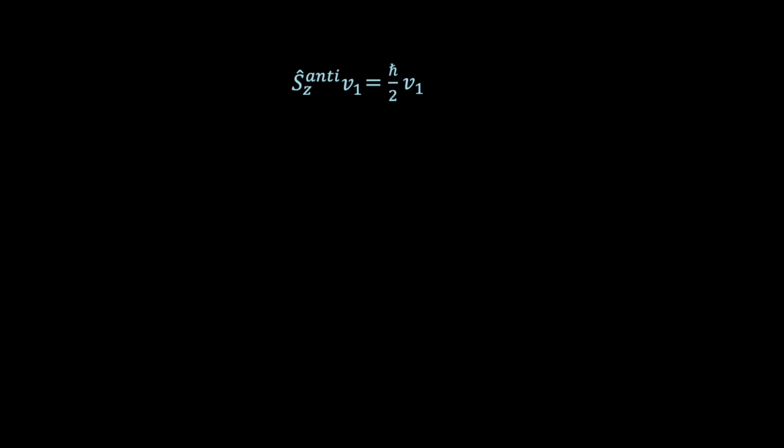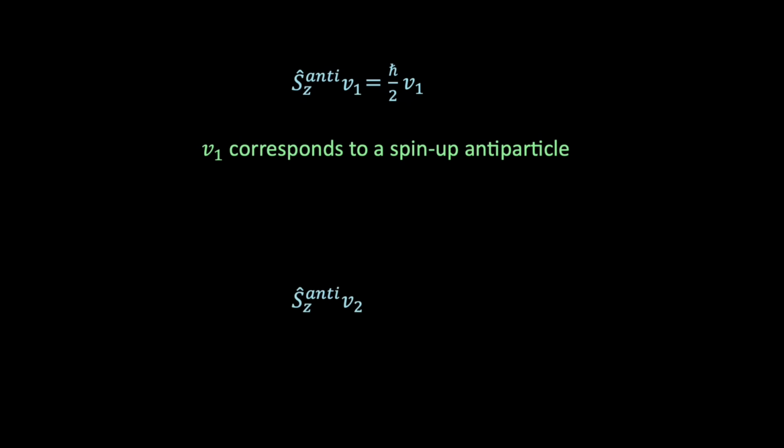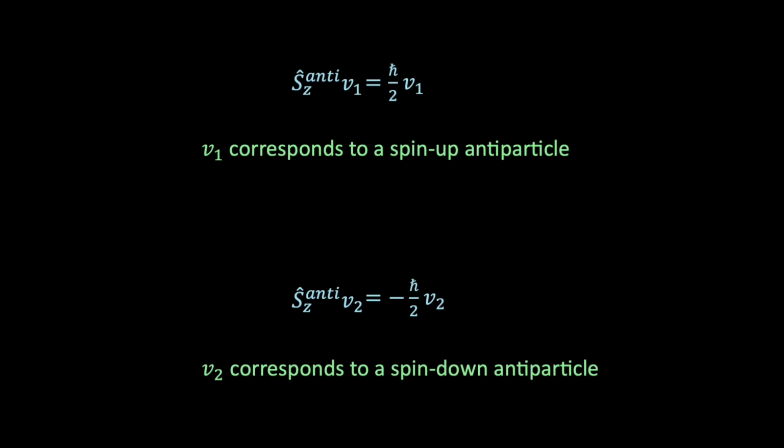And so we see that V1 corresponds to a spin-up antiparticle. And if we then act with the z component of the antiparticle spin operator on the V2 spinor, we find minus ħ/2 times V2, which tells us that V2 corresponds to a spin-down antiparticle.